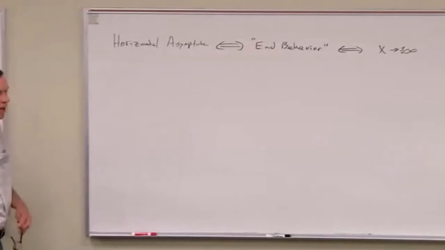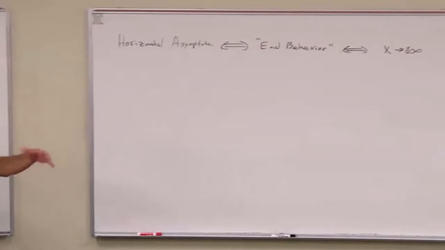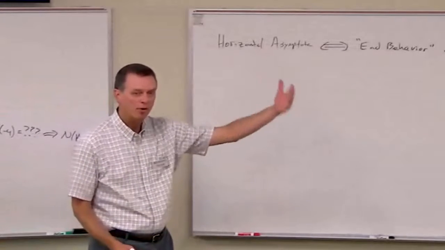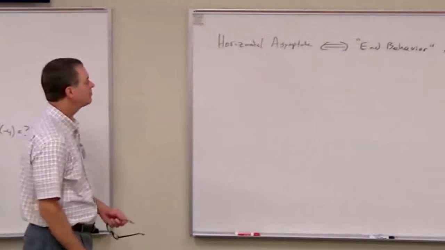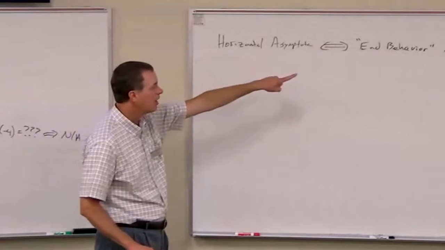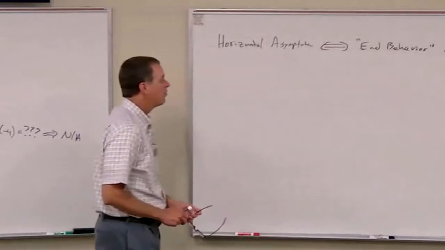The terminology you learned in pre-calculus was end behavior. You may not have talked about x going to plus or minus infinity. You learned a parabola has end behavior going up or going down. Well, we can show that using limits. So horizontal asymptote is an end behavior phenomenon, and end behavior phenomena require x going to plus or minus infinity.